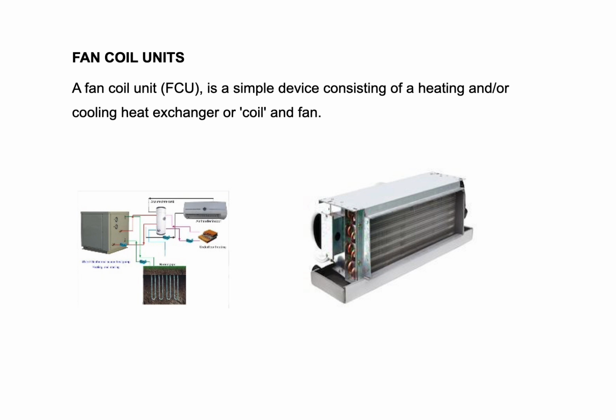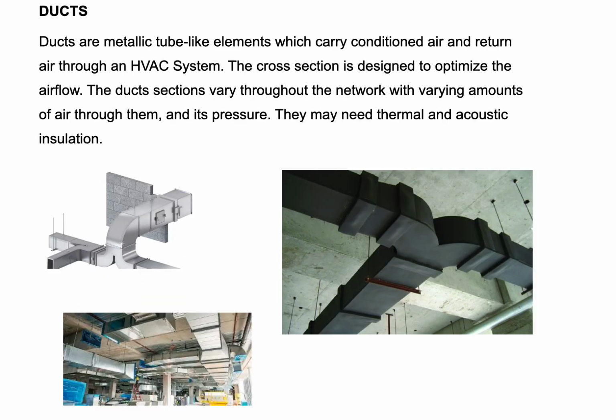Ducts are used throughout the hospital. Now ducts are metallic tube-like elements which carry conditioned air and return air through an HVAC system. The cross section is designed to optimize the airflow. The duct sections vary through the network with varying amounts of air through them and its pressure. They may need thermal and acoustic insulation as well.